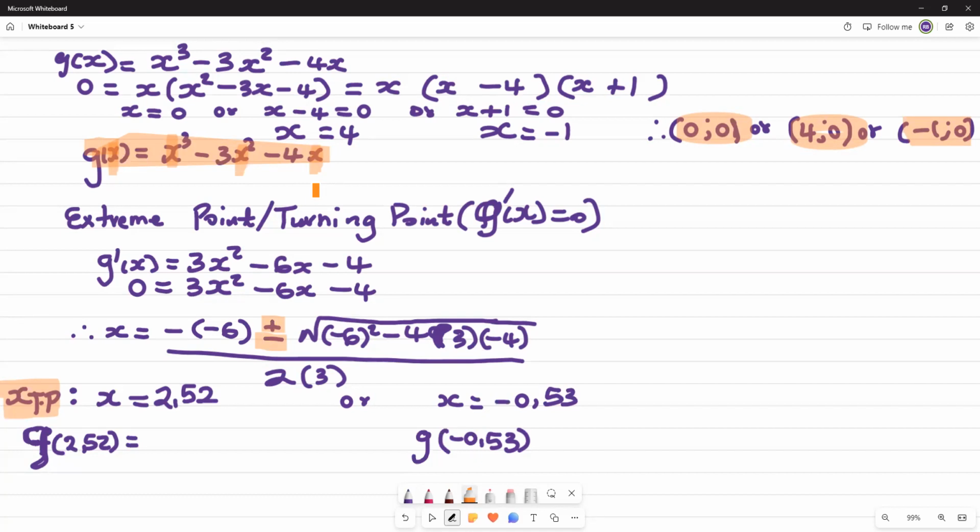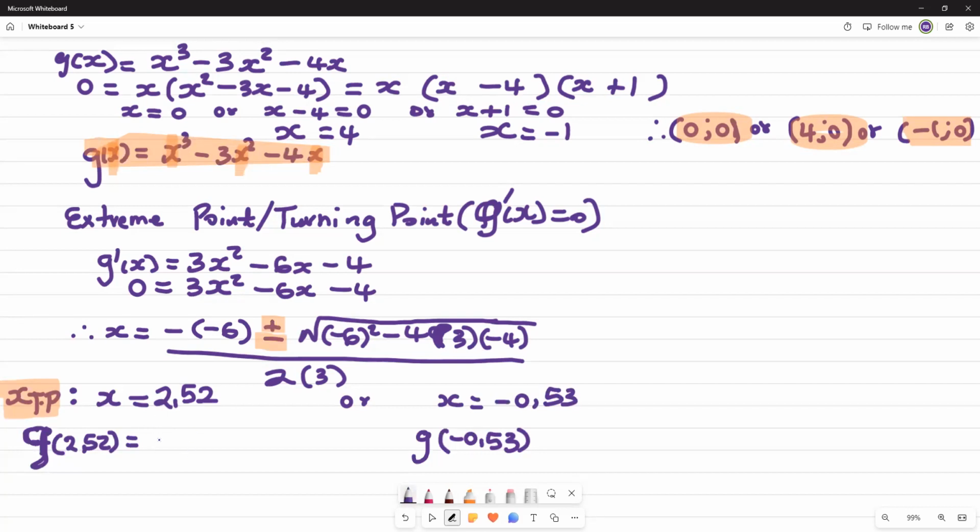So I open a bracket, I say 2.52, and then I close the bracket, I have a cubed, I have a minus 3, 2.52 squared, then minus 4, 2.52. Okay, let's write this down so that it makes more sense.